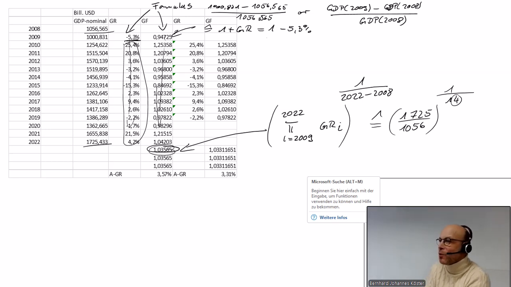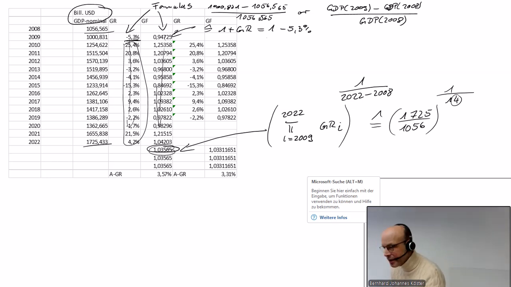And if I don't know what you have done, then it's hard for me to give you any point. Okay? So please be careful about this, that you give me some hints, some annotations so that in general I know what you do. And what is also important, that you know what kind of data you are providing. Yeah? So write it down. This is nominal GDP, current prices measured in US dollars. Okay?